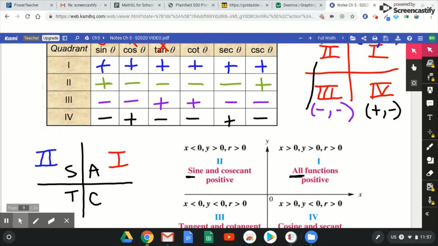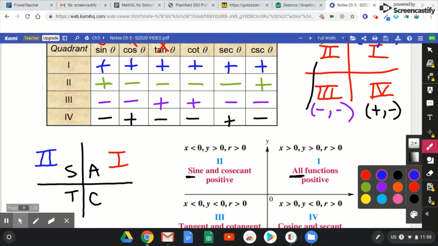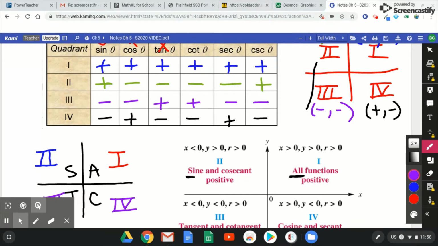In the third quadrant, T stands for tangent. And so you're looking at tangent and cotangent are positive in the third quadrant. In the fourth quadrant, C for all students take calculus. C is supposed to make you think of cosine. Cosine is positive and its partner, secant.